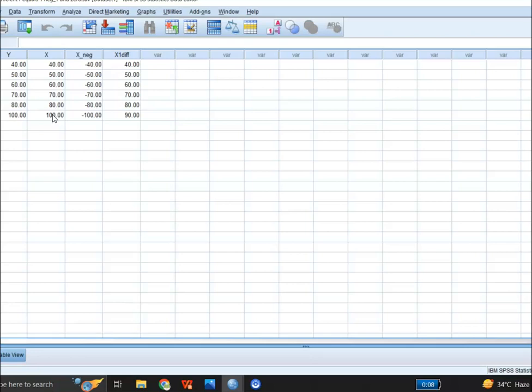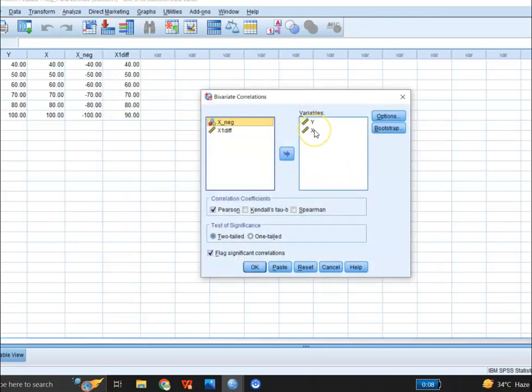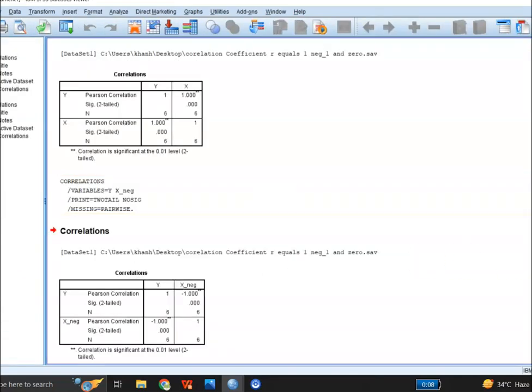Now a question is, in what circumstances will this correlation coefficient be negative? Let me also show you this. By analyzing this, I will go to correlation coefficient, and I'll take this variable out, and I'll move this here, and in this case you will see the correlation coefficient will be exactly equal to -1, and it is here.